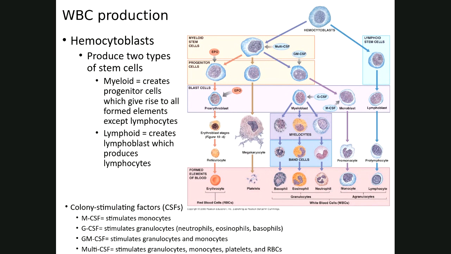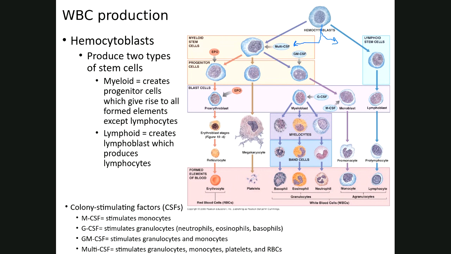So this little cocktail of signaling molecules interacts with the daughter cell and can push it to become the myeloid or push it to become the lymphocyte producing stem cell. When you start to push it towards the myeloid, that's just one step.